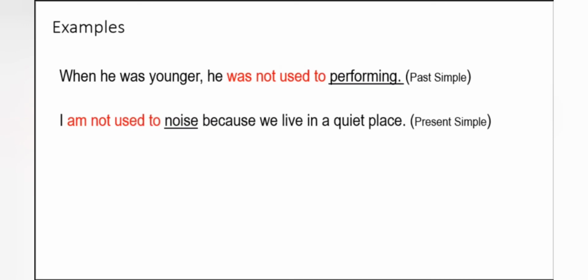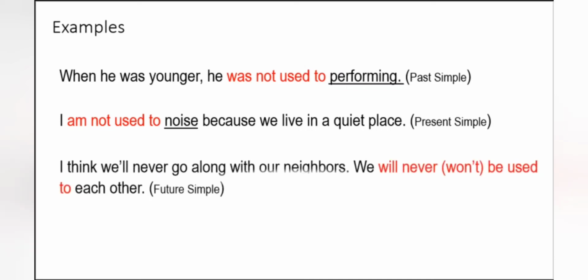I am not used to noise because we live in a quiet place. I think we'll never go along with our neighbors. We will never be used to each other. In my opinion, we will never get along with our neighbors, and we will never become accustomed to each other.